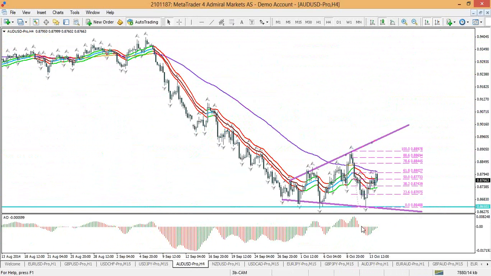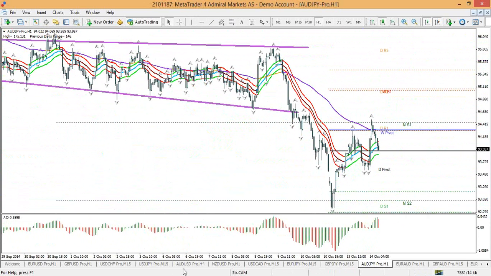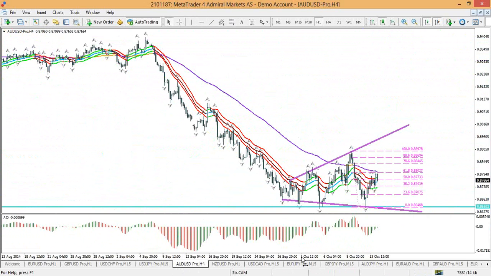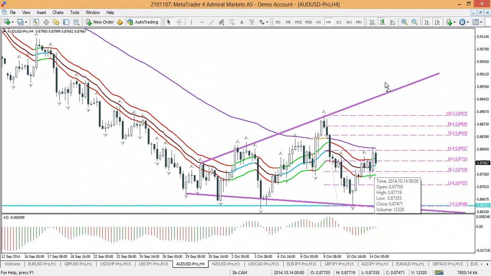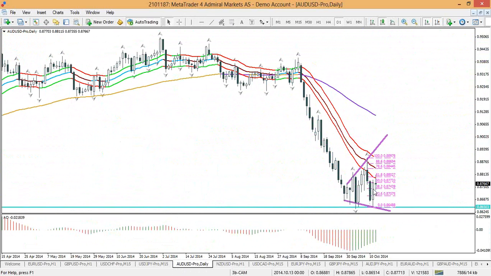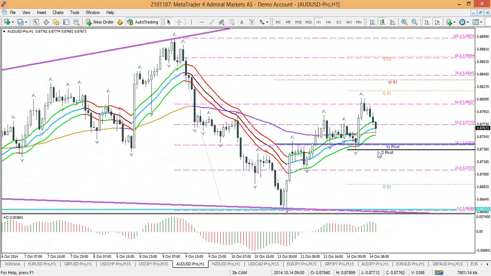So in that regard, it had a strong 4 hour engulfing twin here, for instance. Yesterday, strong bullish candle. So in all honesty, it looks more like a bullish retracement potential today than downside, also above the pivots.